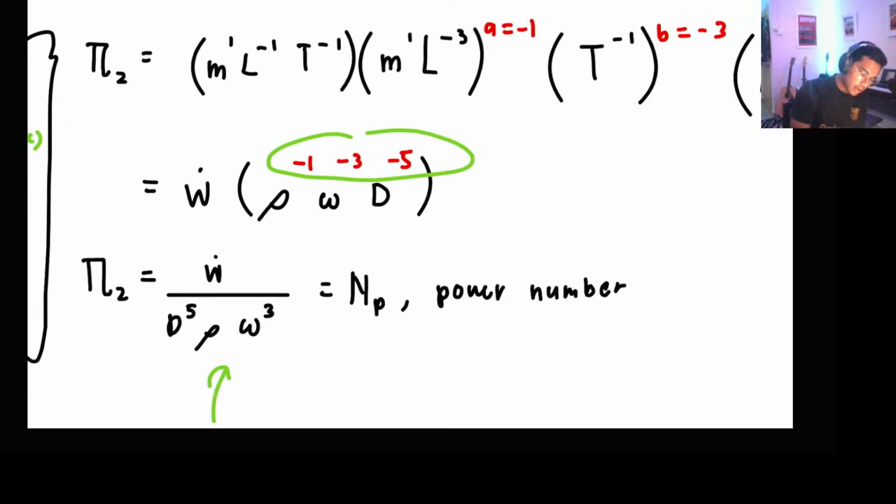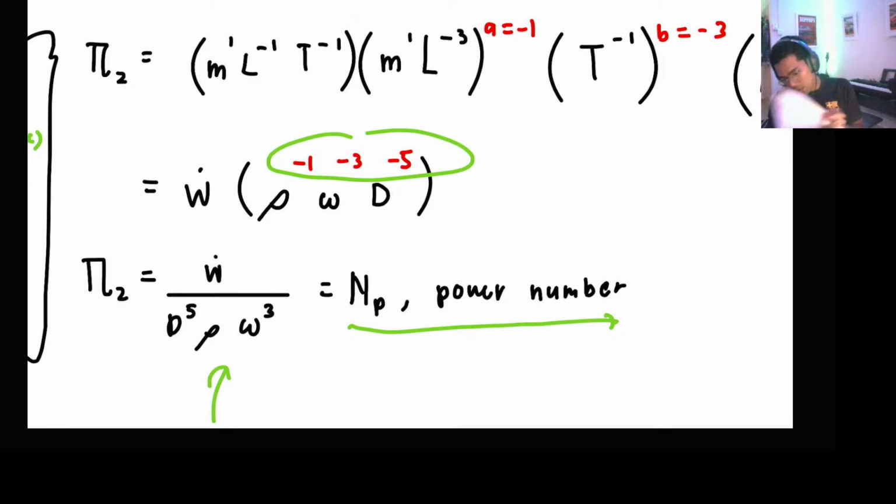From there we can find the power number, NP. As I said earlier, the dependent parameter should appear in the list of non-dimensional parameters. If you go to page 316, there is the power number.